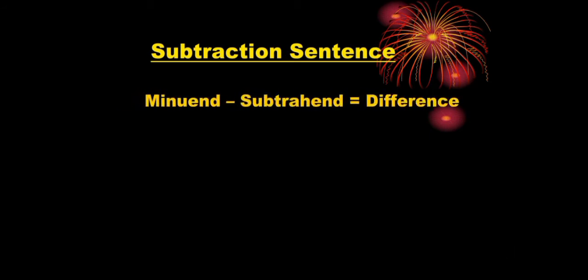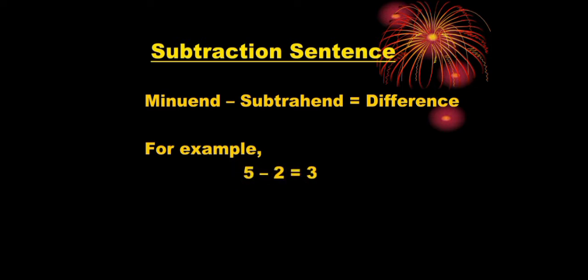Subtraction sentence. Children, do you know what is difference? Yes, it is the result of subtraction. Minuend minus subtrahend equal to difference. For example, 5 minus 2 equal to 3.